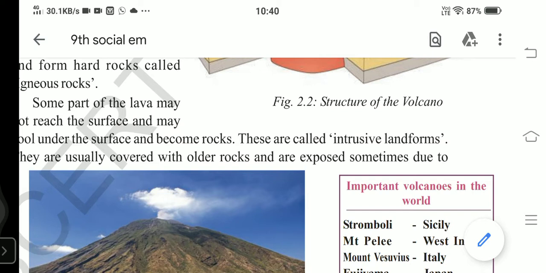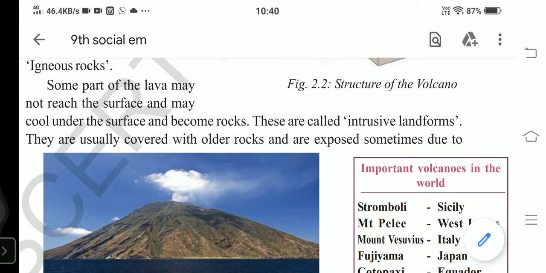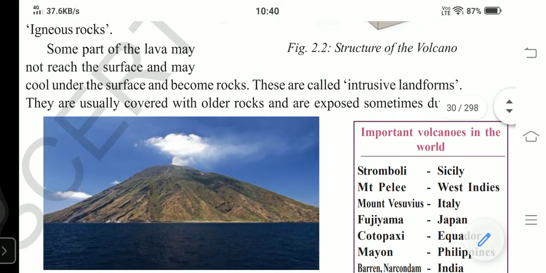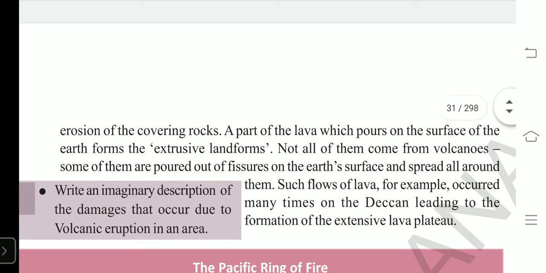Those are called intrusive landforms. Understand? These are covered with old rocks, and sometimes they are exposed due to erosion of the covering rocks.